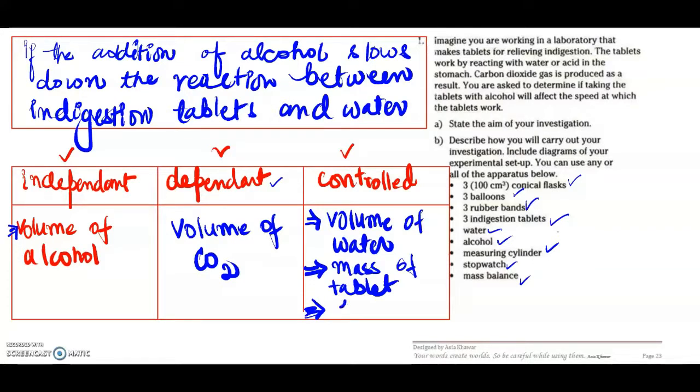For example, consider you have to check the reaction for 1 minute. So these are the factors which you control. Then you can check the effect of the volume of alcohol and its outcome, which is the volume of carbon dioxide evolved. I hope you understand, and we will discuss it in the planning of the experiment or the procedure of this experiment, right?